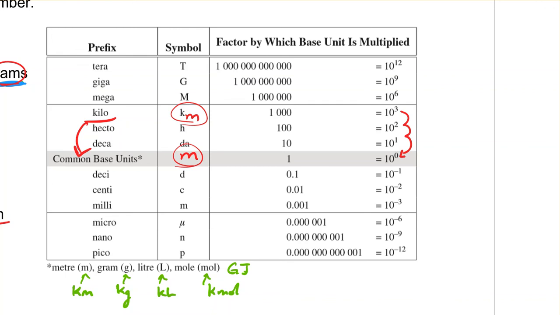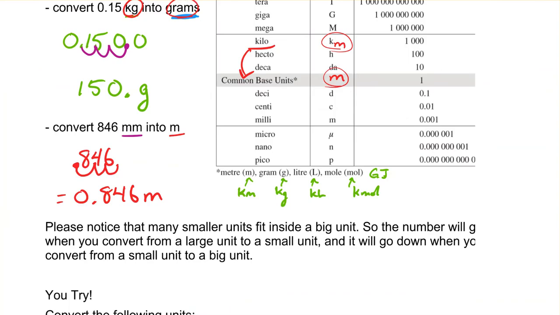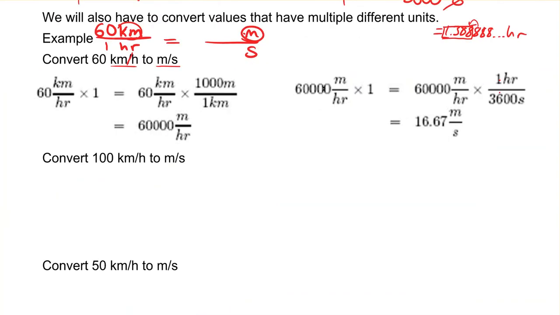Many small units make a big unit. So going back to our conversion here, 60 kilometers per 1 hour. If we move the decimal 3 times, 1, 2, 3, it becomes 60,000. So 60,000 meters per 1 hour.